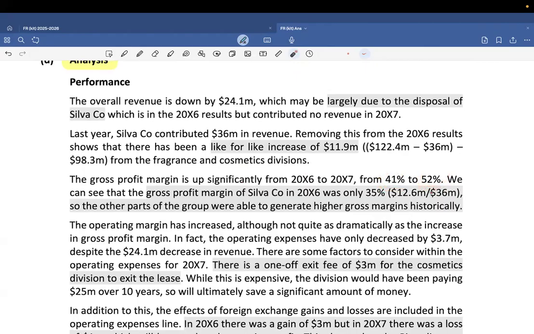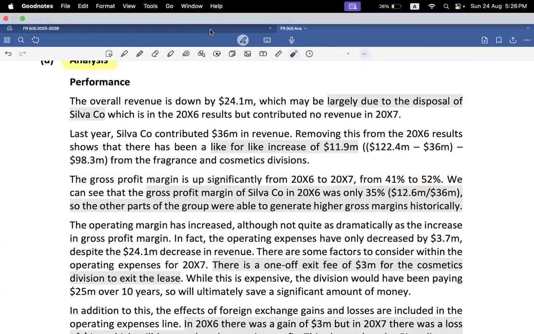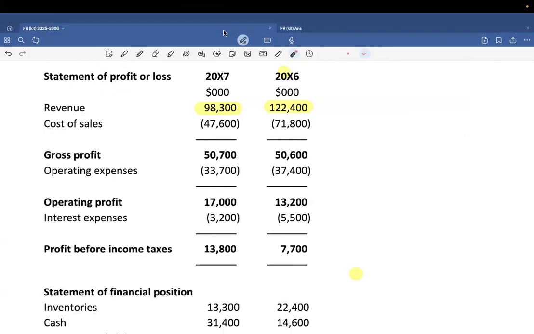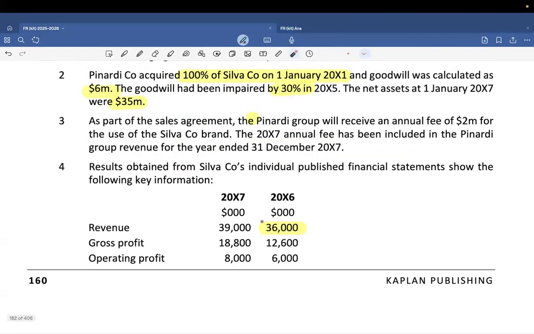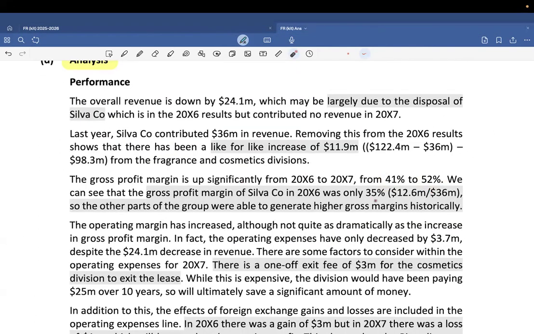Now, when you take the gross profit margin of Silva Company only, that is this one divided by this one, it is how much? 35 percent.